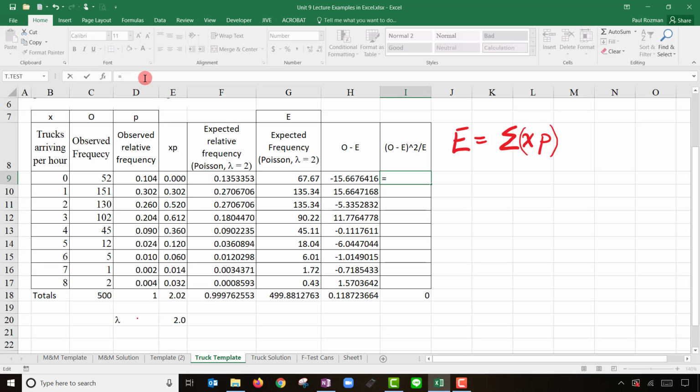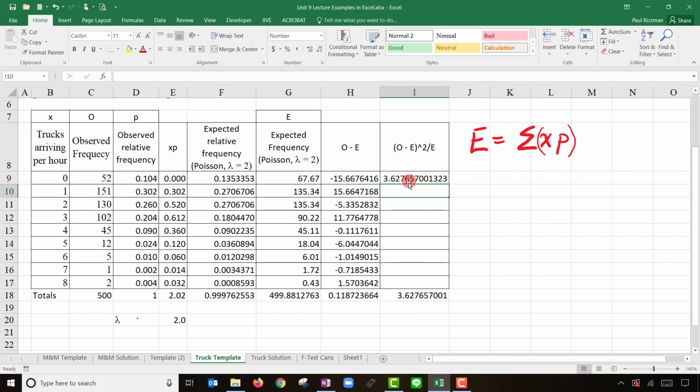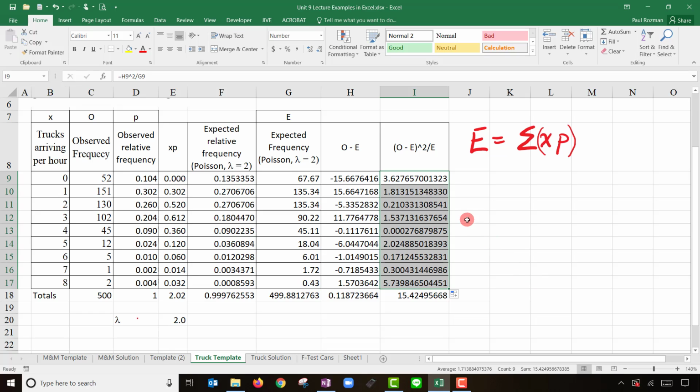So we'll say equals H9 squared, and then divide that by our expected value, which is in G9. It's this thing squared divided by this one. Make my column a little wider so it fits. Calculate them all, and then here's the total. This is maybe my chi-square value.